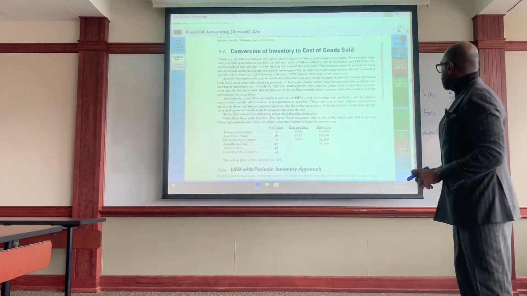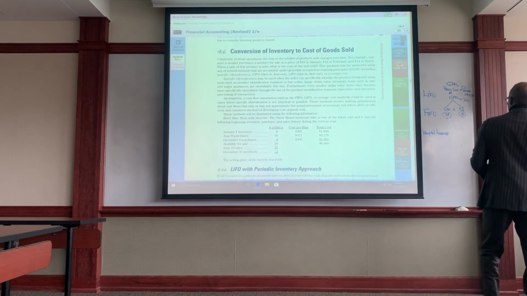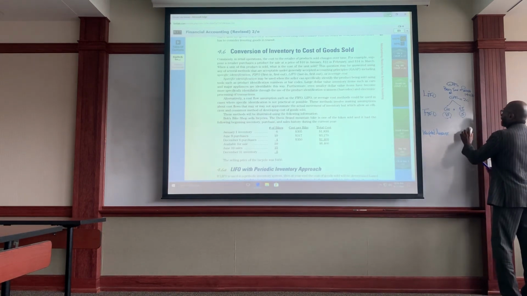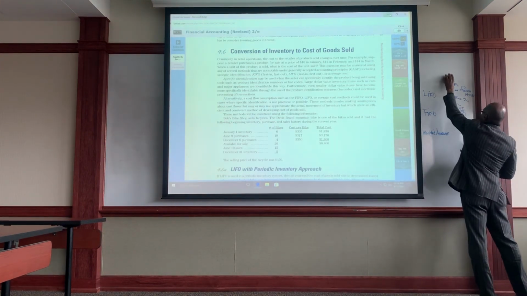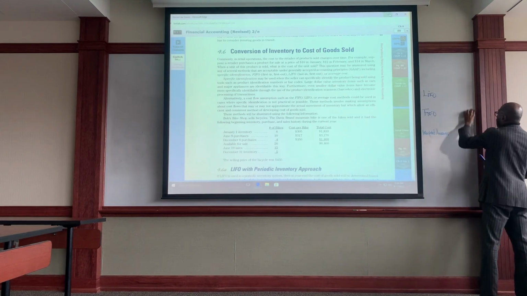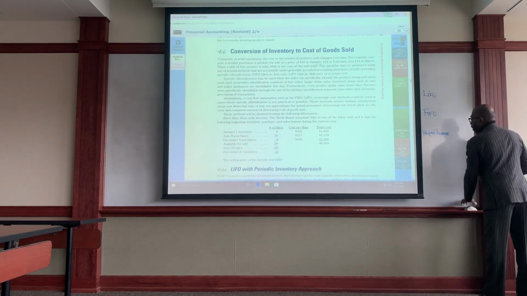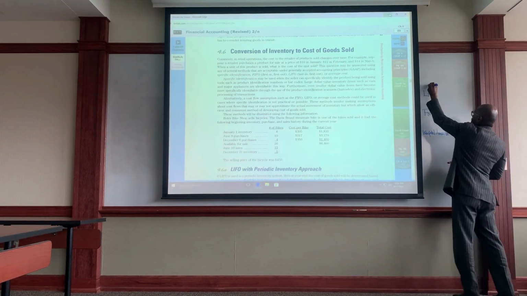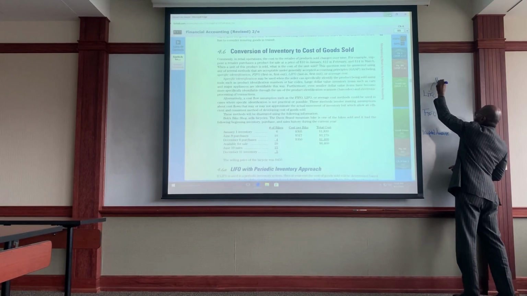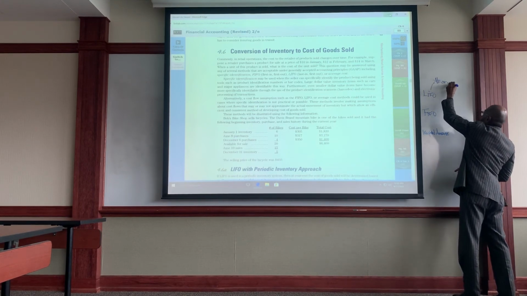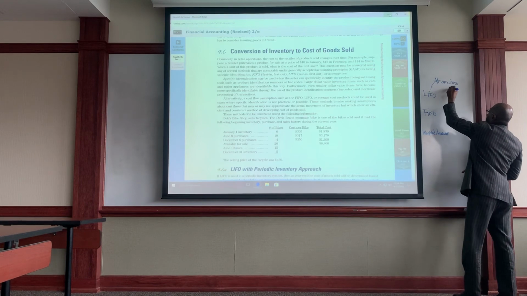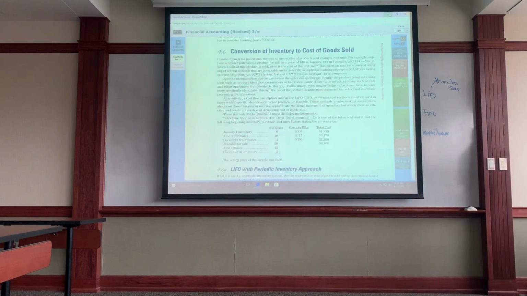Here's how it works. LIFO says the last item in comes out first. Now, one thing to remember when you employ LIFO, FIFO, or weighted average, you need to know the number of units sold. Stop right there.